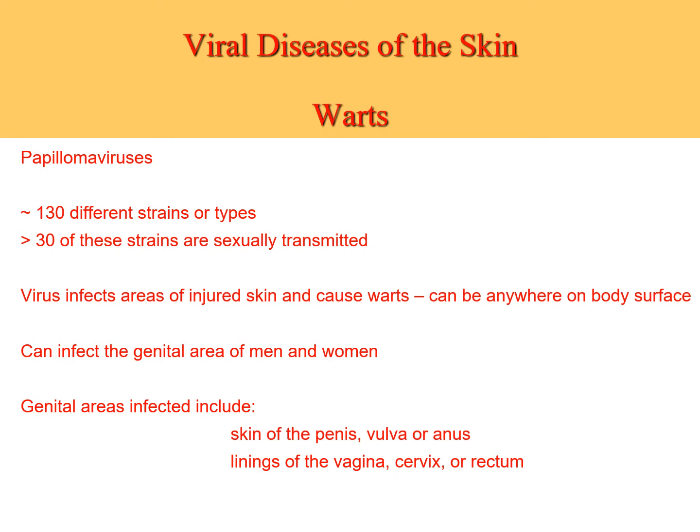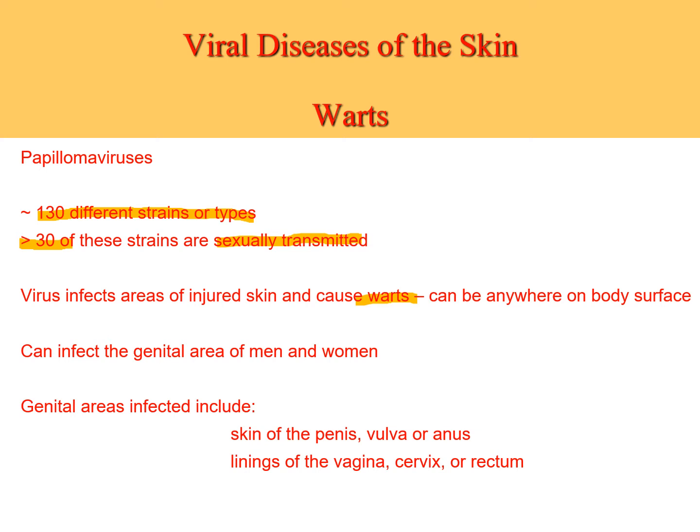So papillomaviruses have approximately 130 different strains or types, subtypes that have variants that have been identified. About 30 or more of those are sexually transmitted. The virus infects an area of skin that has some small injury on it and can cause warts at that area, and it can be anywhere on the body surface.